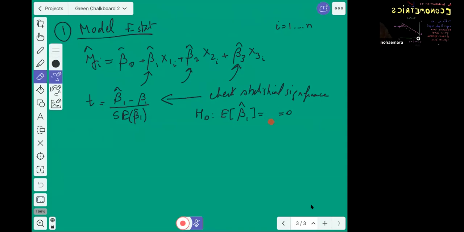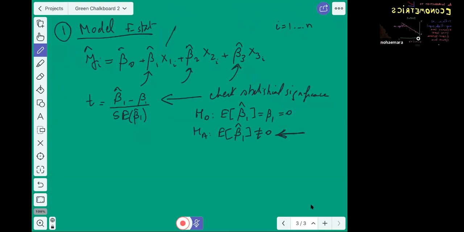All right, so let me keep it. And of course, the alternative is that the expectation of this parameter is not equal to 0. So suppose that x1 is my education and W is my wage.